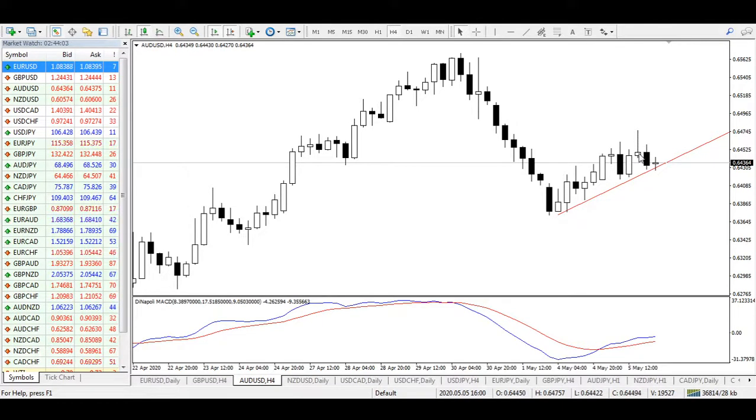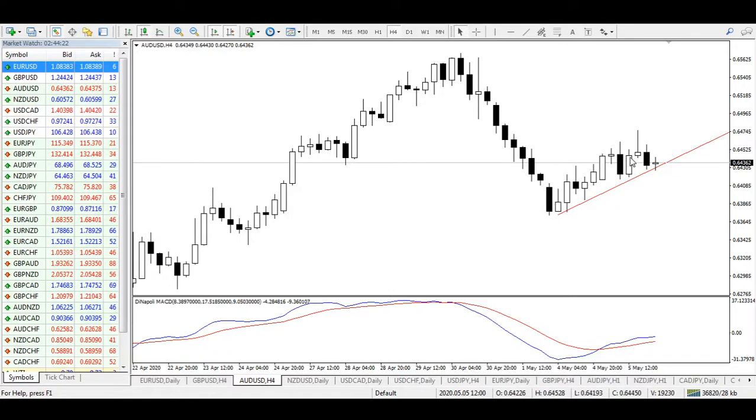This is a kind of shooting star with a very small bullish body. It would have been better if this smaller body was bearish, as it would have been even more bearish, but nevertheless this smaller body doesn't make a big difference.